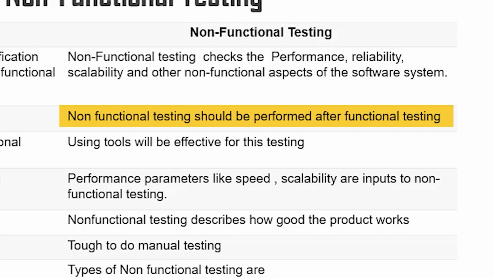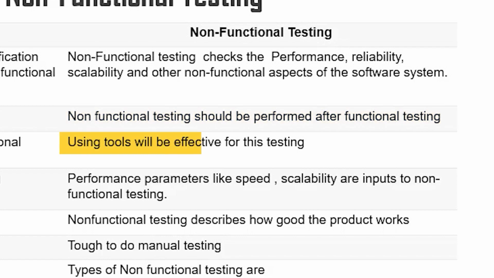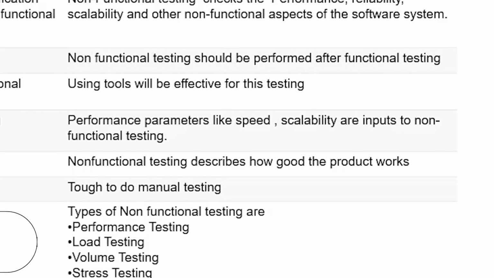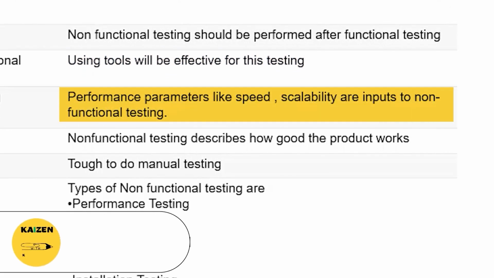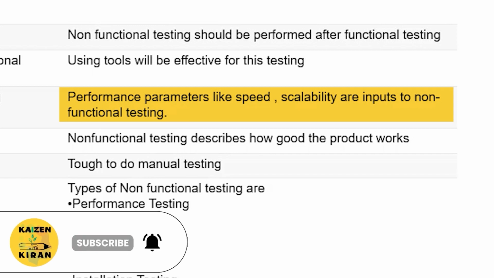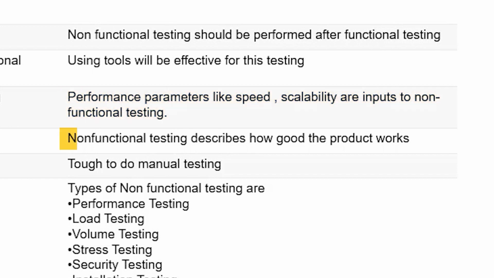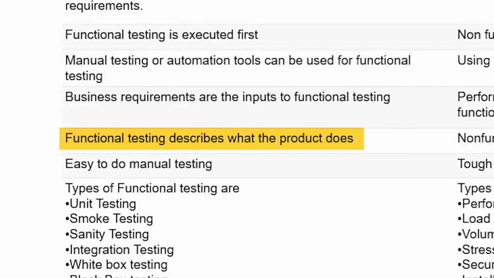Using tools will be more effective in non-functional testing, because manually it won't be much effective. Performance parameters are majorly speed and scalability. Non-functional testing describes how well the product works, whereas functional testing describes what the product is actually doing.